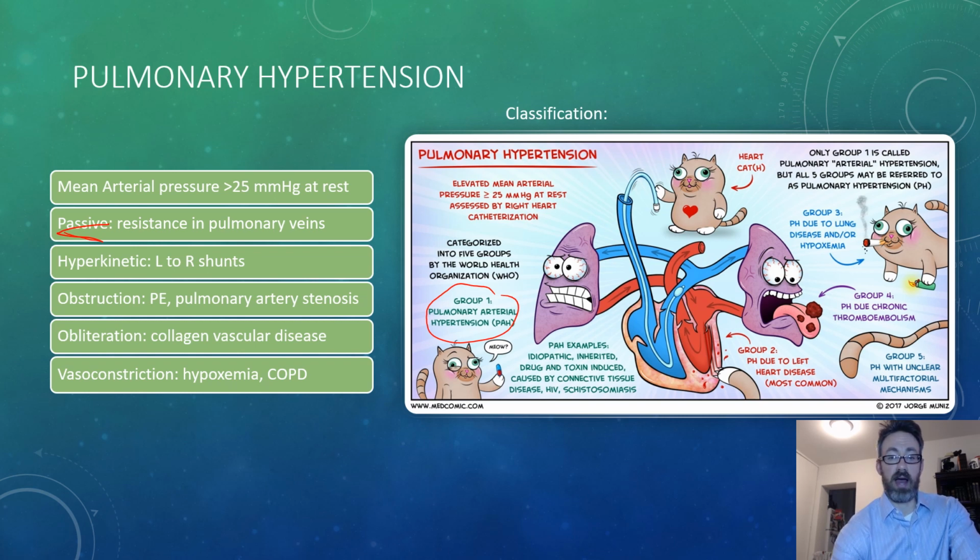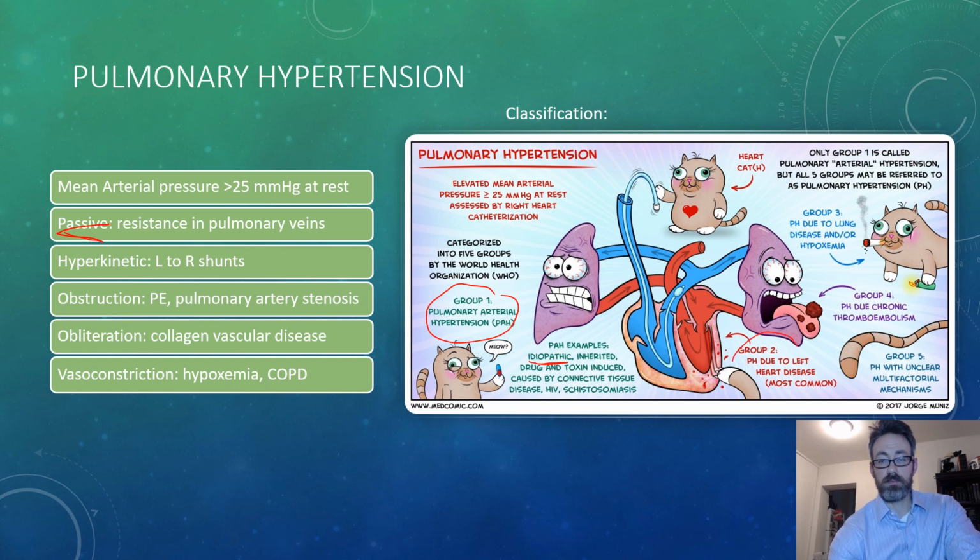Typically, this is idiopathic, so unknown causes. It could be an inherited disorder. It could be due to drugs or toxins, infections like HIV or schistosomiasis, or connective tissue diseases like CREST syndrome, for example. And it has a very poor prognosis overall.